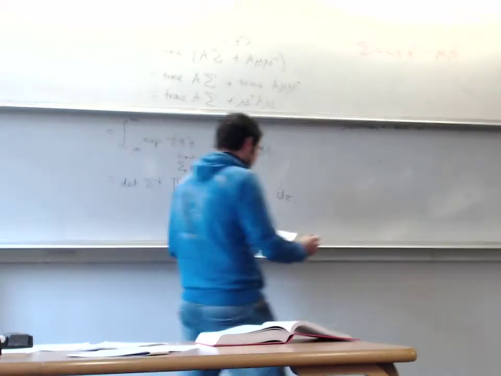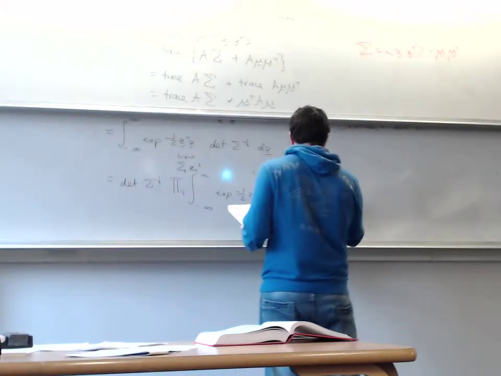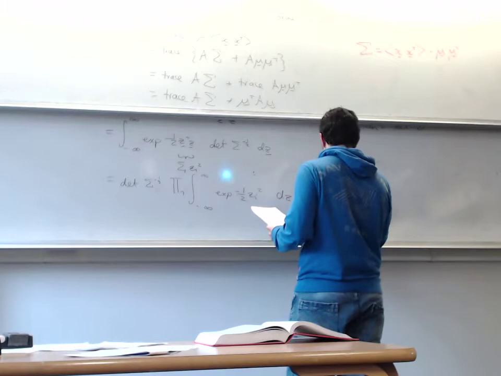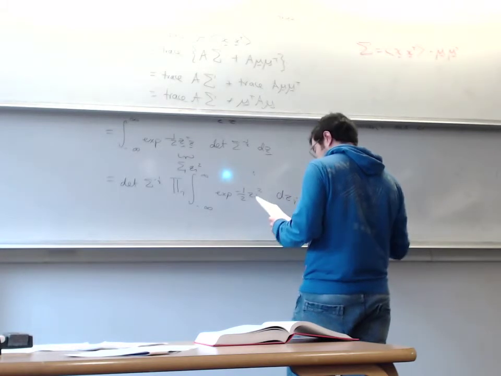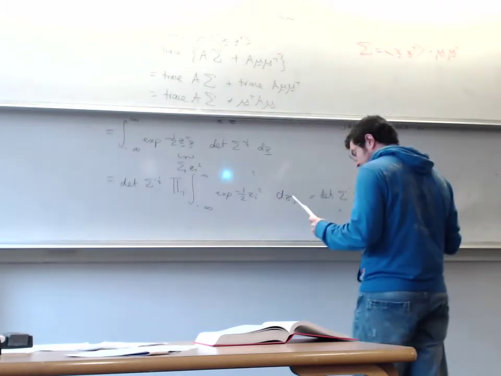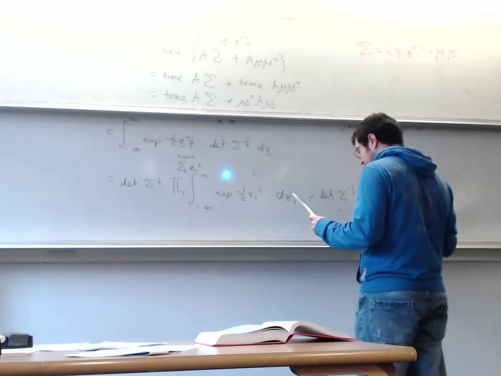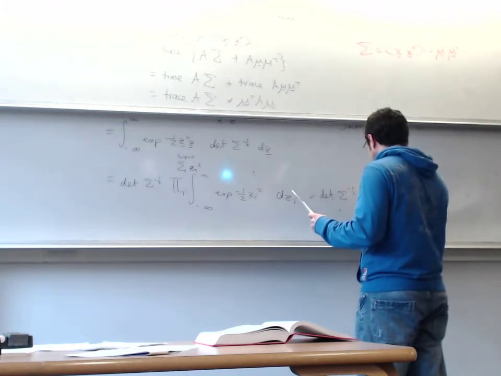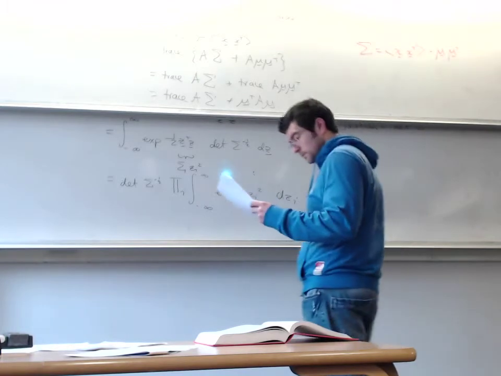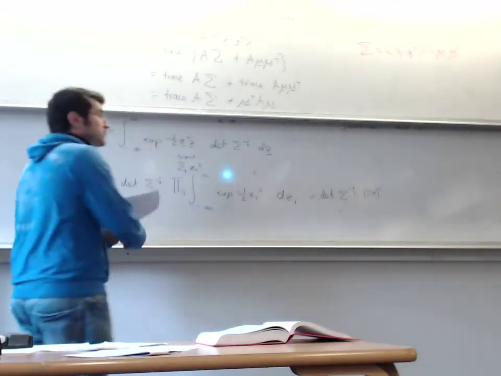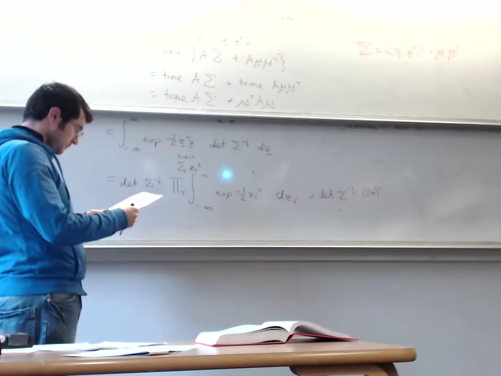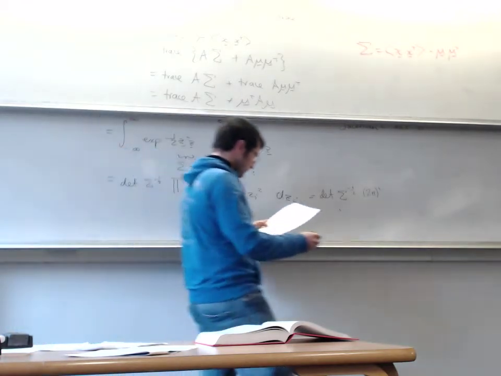So we can write this out as square root of 2 pi times i, and so this just gives us, sorry, this should be i over 2.